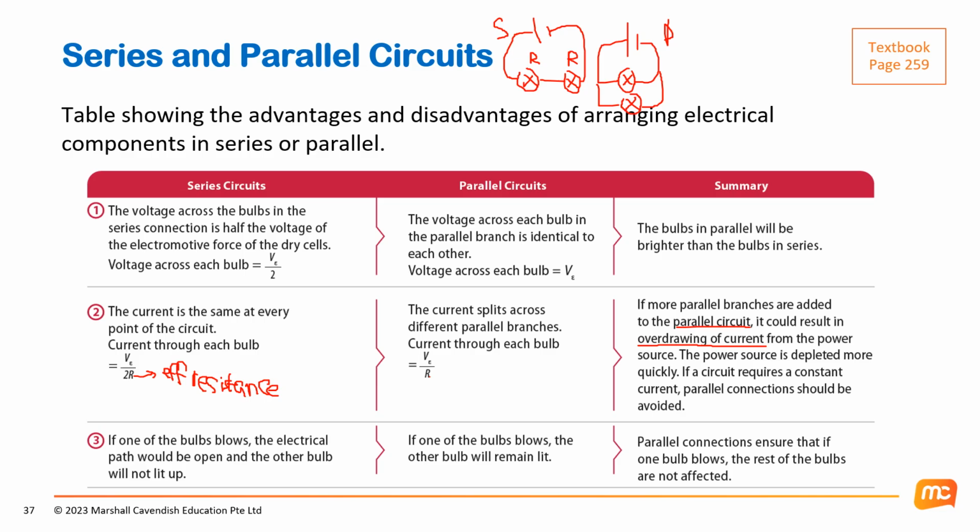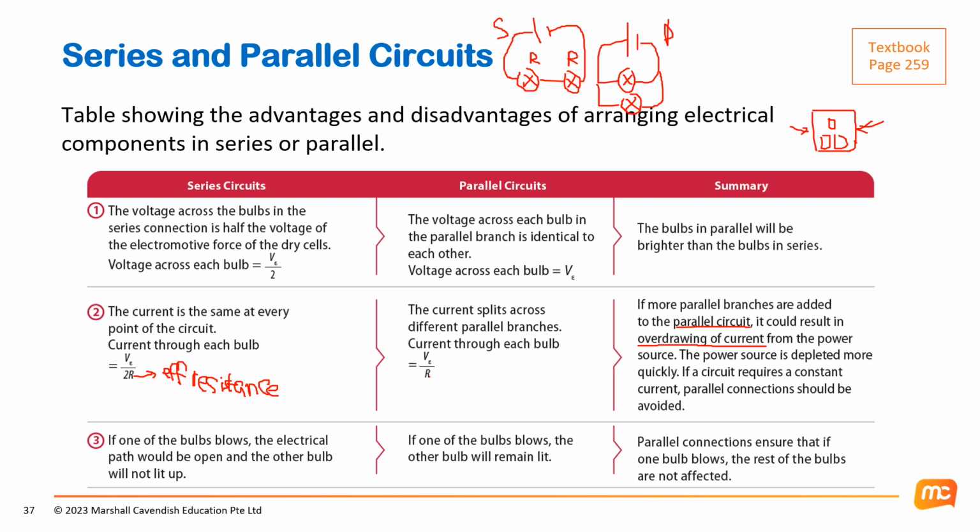And this is why we don't put in too many plugs in the adapter. If you've seen your house, those 3-pin plug adapters with plugs at different sides, maybe one on the left, one on the right, and one in front.